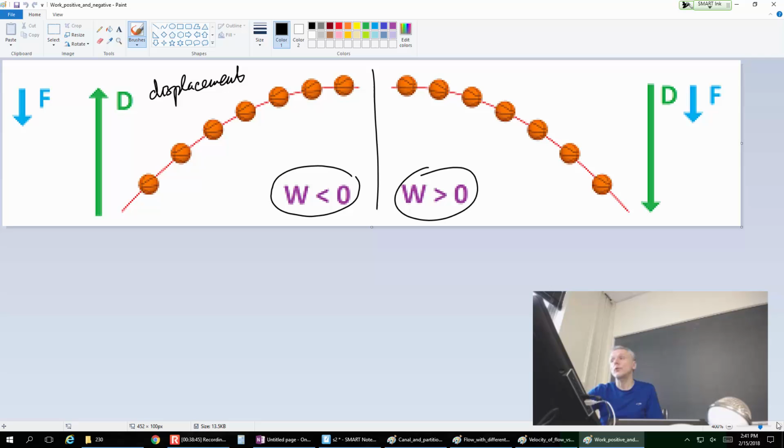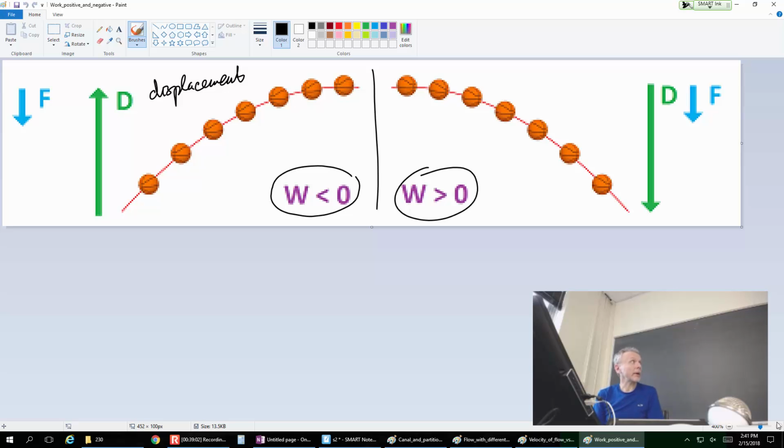Okay, so you might remember that it is a simple multiplication, right? The displacement times the force. As long as you keep track of which way they align, it's no trouble.